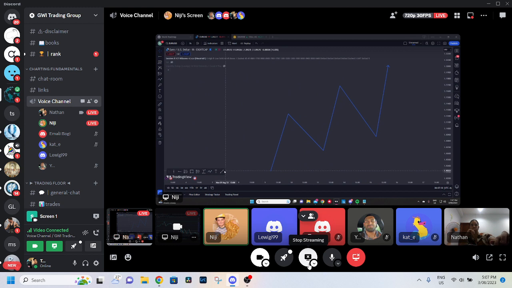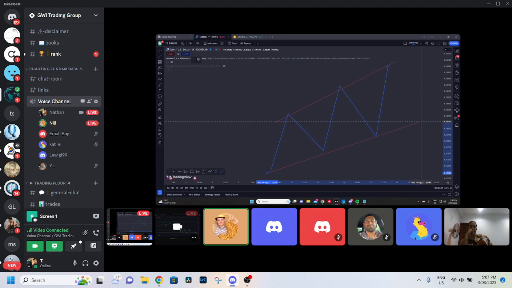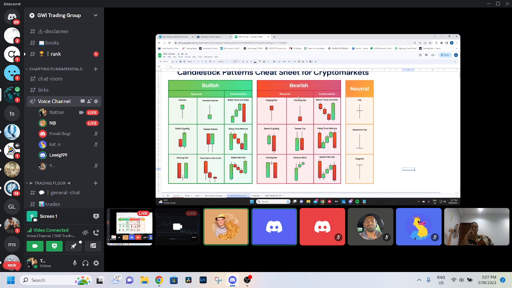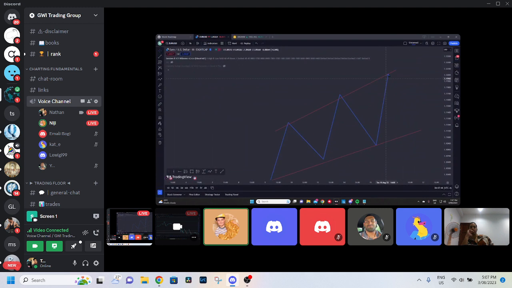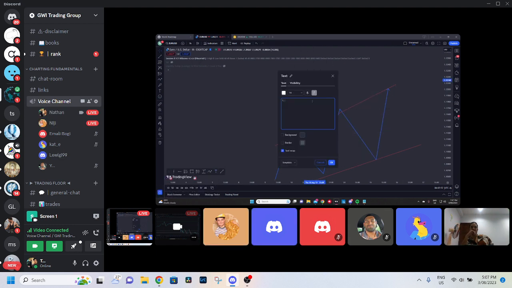If you see something like this happening, and once we're up here, if you see a hanging man, a shooting star, or one of these combinations of candles print up here, it just gives you another confluence to enter, right? So now we have two confluences. We have two reasons to enter. The first reason is we are at the top of a trend line that has been respected, right? And the second reason is we have printed a bearish candle.